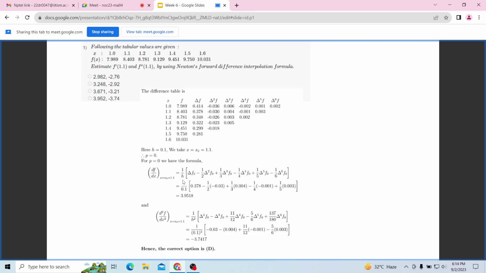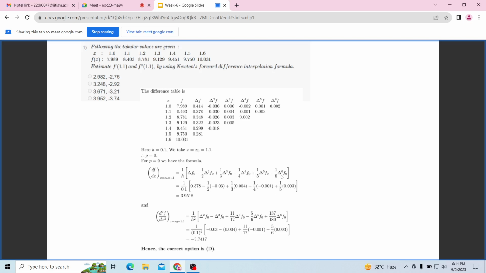Now just substitute the values that you have over here. Here h is equal to 0.1. Since x naught is 1.1, you will take these values: del f naught is 0.378, del square f naught is minus 0.030, del cube f naught is 0.004.